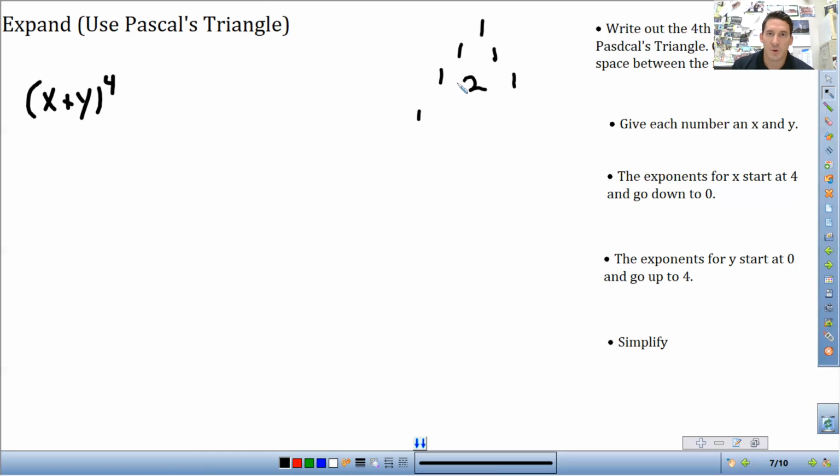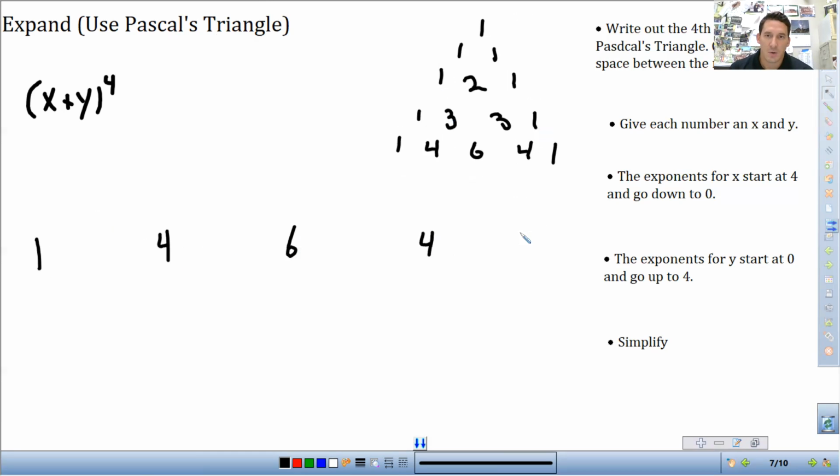Starts with 1, 1 plus 2 is 3, 2 plus 1 is 3, and then 1, 1 plus 3 is 4, 3 plus 3 is 6, 3 plus 1 is 4, and there we go. That's the fourth row. It starts at row 0. So I'm going to write out those numbers: 1, 4, 6, 4, 1.